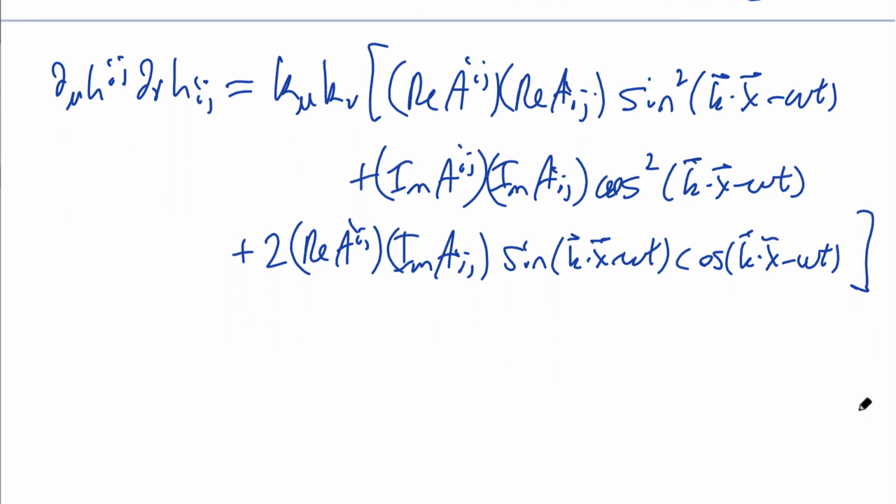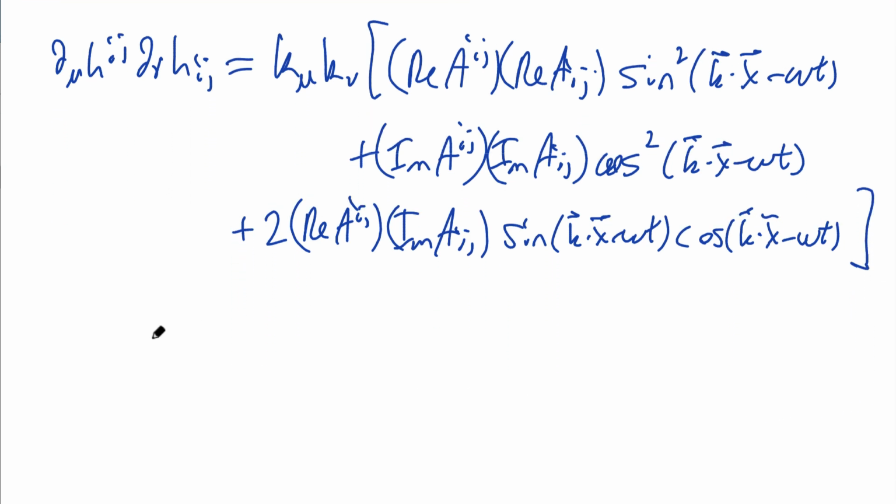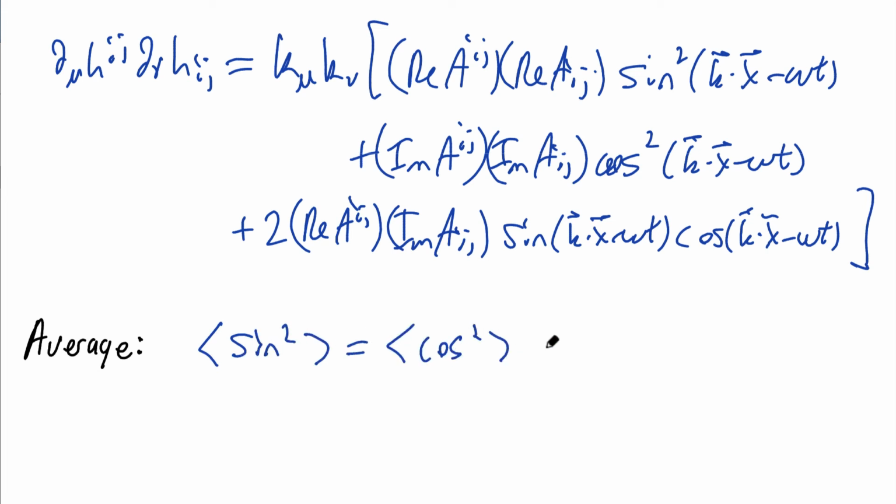The next step in computing the stress energy momentum tensor is to take a space-time average over several wavelengths and several time periods. Now the average values of sine squared and cosine squared are both 1/2, but the average value of sine times cosine is 0.